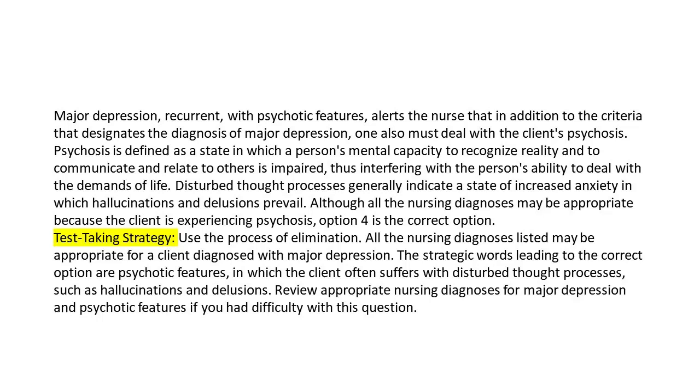Disturbed thought processes generally indicate a state of increased anxiety in which hallucinations and delusions prevail. Although all the nursing diagnoses may be appropriate because the client is experiencing psychosis, option 4 is the correct option. Test-taking strategy: use the process of elimination.